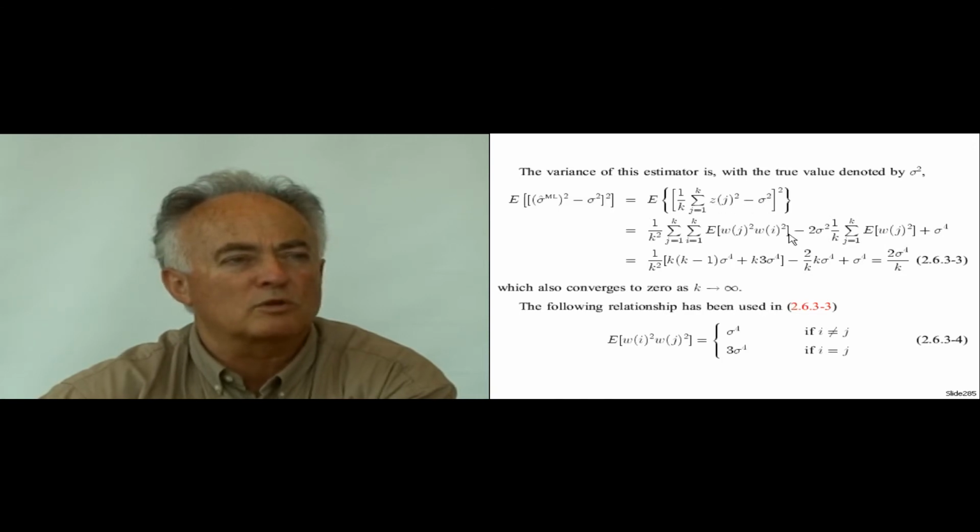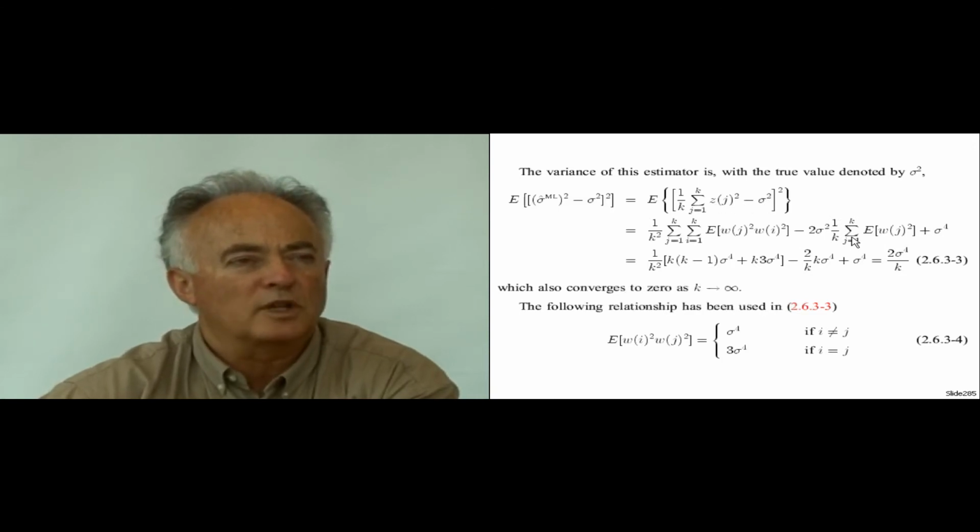That's 2 sigma squared, 1 over k, sum of the expected value of wj squared, and the last term is just sigma squared squared, sigma to the fourth, which stays as is. This is easy because this is sigma squared, k times divided by k will cancel, and here we have to be more careful.